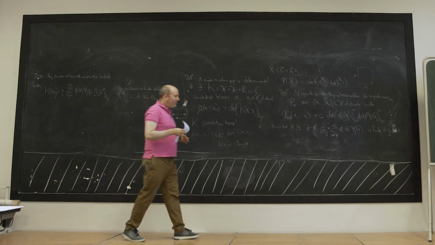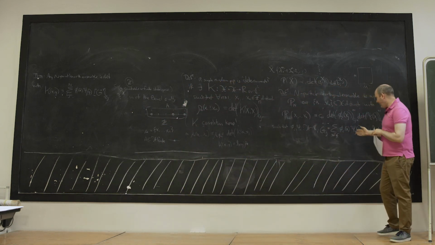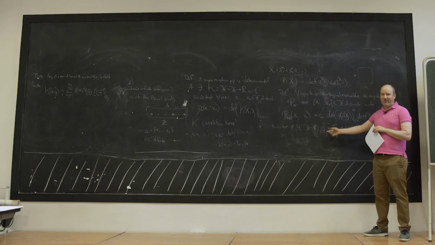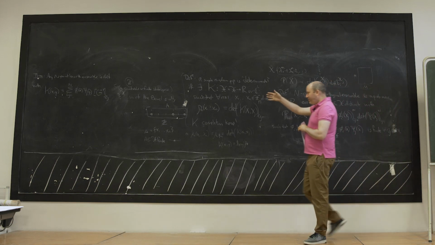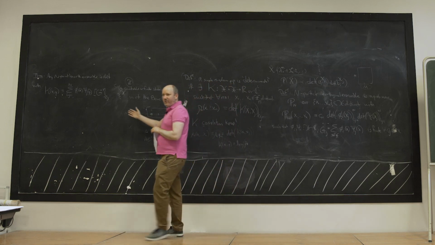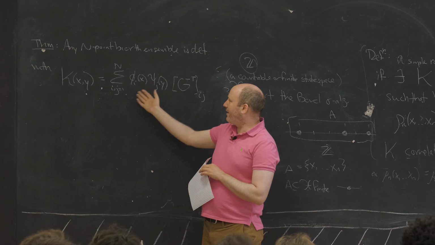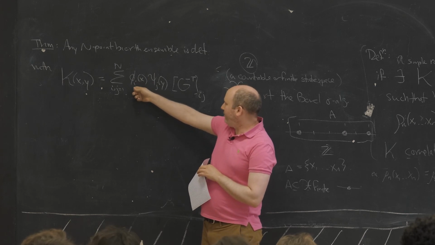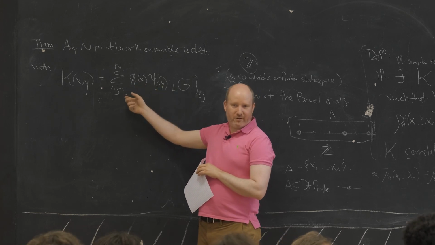Now, why is this thing called the biorthogonal ensemble? Imagine that these functions psi and phi were themselves biorthogonal. Now, that would mean that this Gram matrix G is diagonal. And if G is diagonal, then its inverse transpose is very easy to compute. And all this is saying is that this correlation kernel is given by this pairing of these psi's and phi's in this manner.